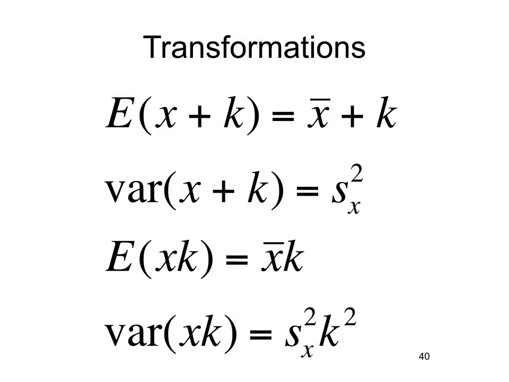Okay, and k, our constant, we're going to multiply all the scores times 2. Let's do that. So, if the expected value of x times k is going to be what? In this case, so x is 10, k is 2.